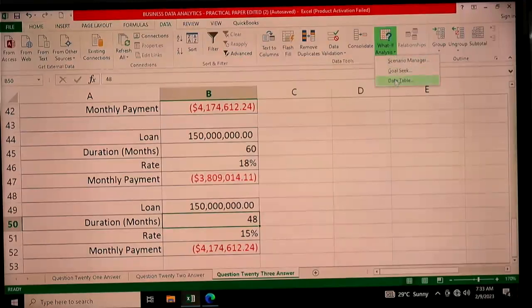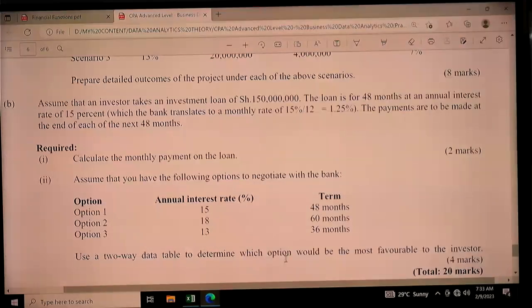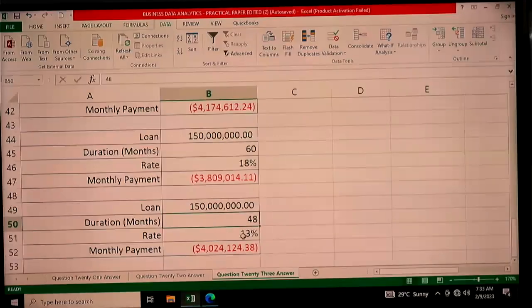We have two types of data tables, one-way data table and two-way data table. But whichever format you use, the data table will finally give you the same solution. That is, after running this, that is 36 months, so you type there 36. It will give you the same solutions.